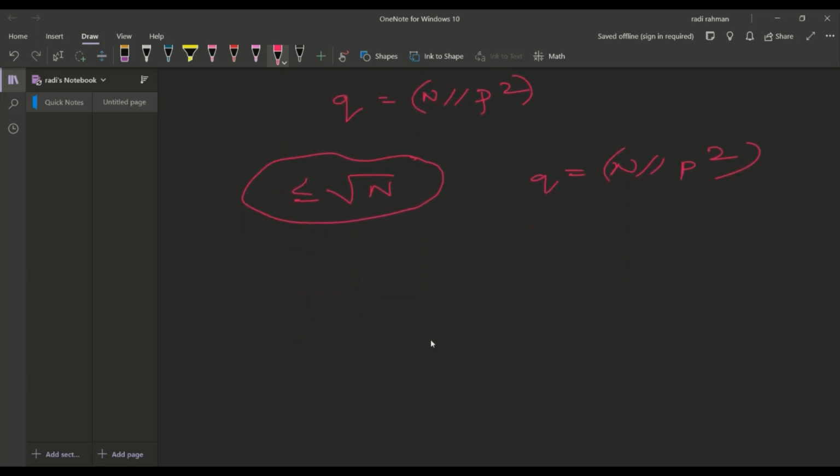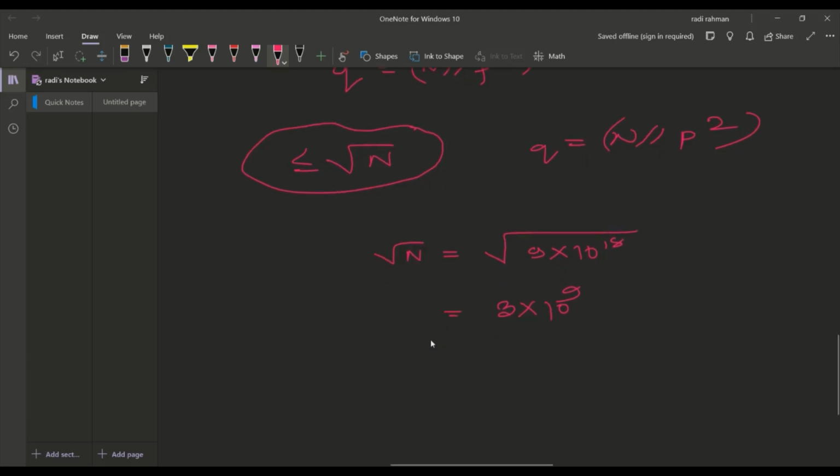So our range of n is 9 into 10 to the power 18. So square root of n is nothing but square root of 9 into 10 to the power 18, which will result in 3 into 10 to the power 9. That means we have to generate all the prime numbers less than 3 into 10 to the power 9.